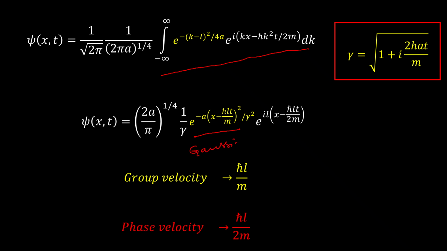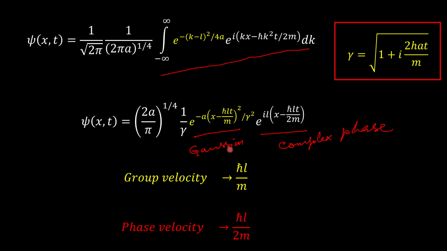As I said, this is centered at L. So this is the Gaussian, modulated by this complex phase factor. So what is the group velocity here? The envelope velocity. This is the Gaussian envelope.